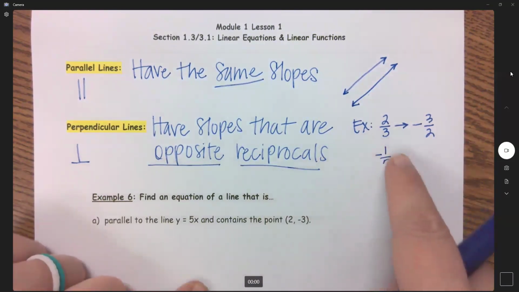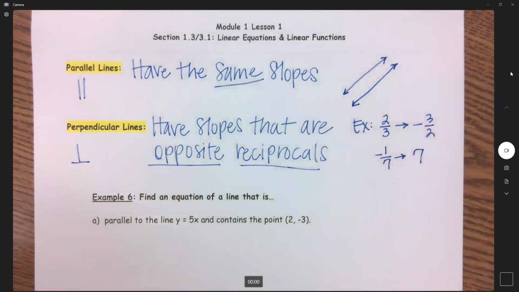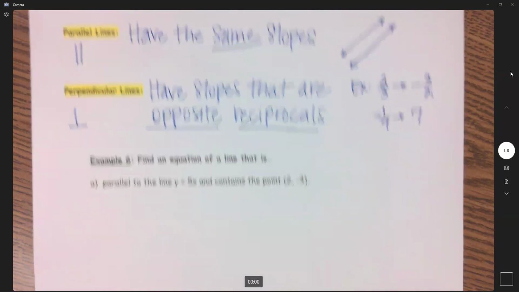So instead of it being 1/7, it is now 7/1, which is the same as just 7. Okay, so now that we know the relationship between slopes of parallel lines and slopes of perpendicular lines, let's find equations of a line that is parallel and perpendicular to given lines.